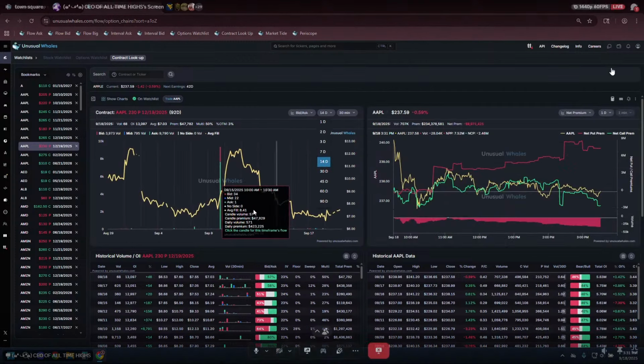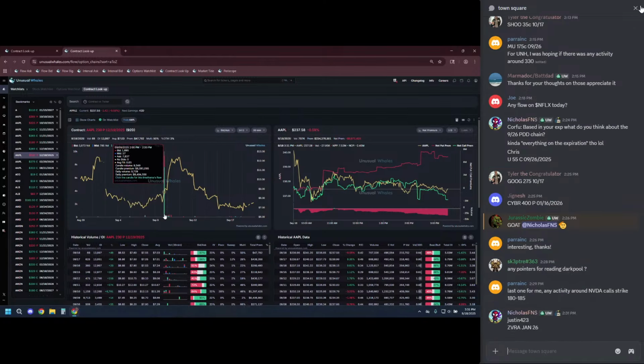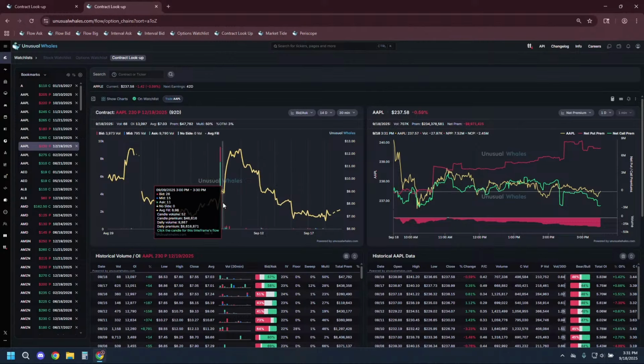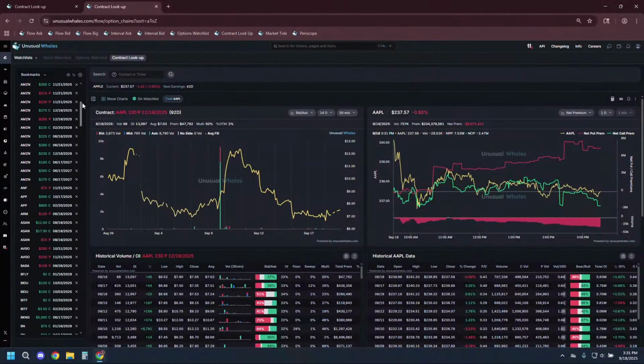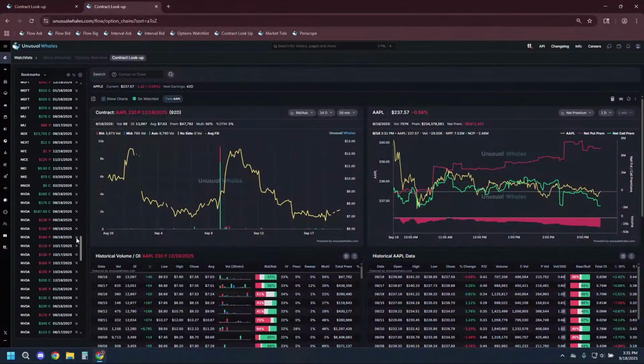So I think that these Apple puts were shorted, not actually bought. And for someone to have that thesis for the next session obviously sucked because the contracts went up by like 50%. So if you shorted them, you would have been down the whole 50%. But they've since come back down. Not a great example. All the good ones that I had have expired, so I removed them from my watch list.